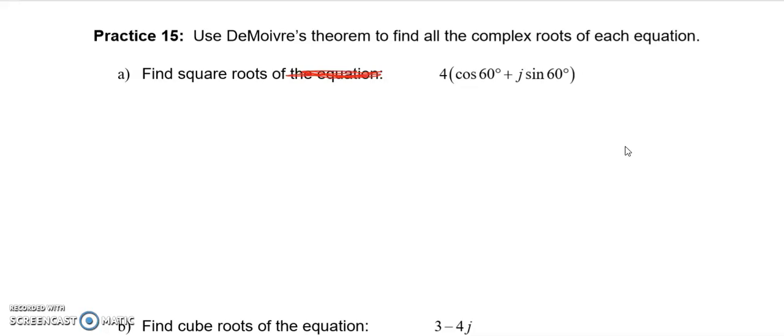So find the square roots of, and by golly, look at that. That number is already in polar form. In fact, if you wanted to, you could even write it as 4, angle symbol, 60 degrees. That would be the condensed polar form. And there's nothing wrong with doing it that way if you'd like to. So there's only going to be 2 square roots for any number.